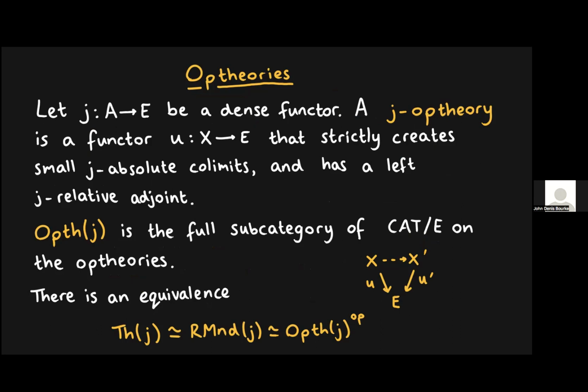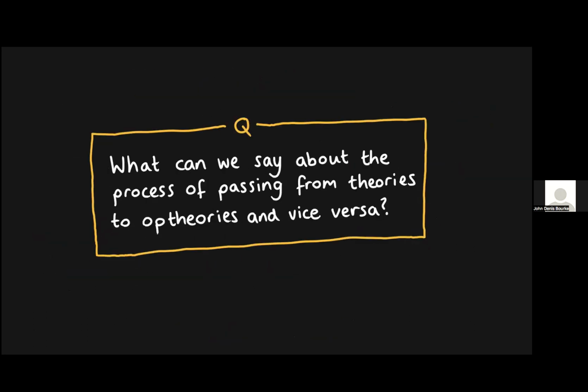So what can we say about this passage, sort of skipping over the J relative monads, going via them, but sort of disregarding what the J relative monads are? And is there anything interesting we can say about this? And this is going to be the final part of the talk.